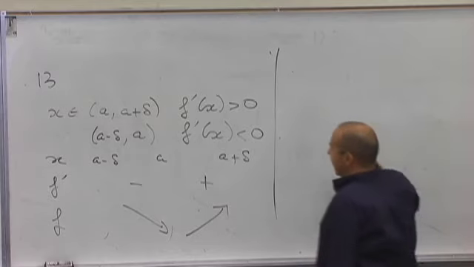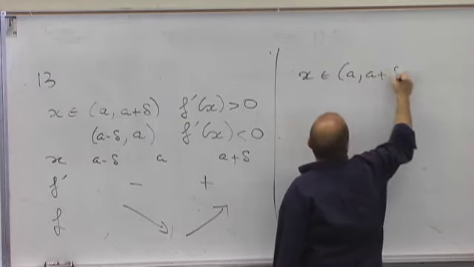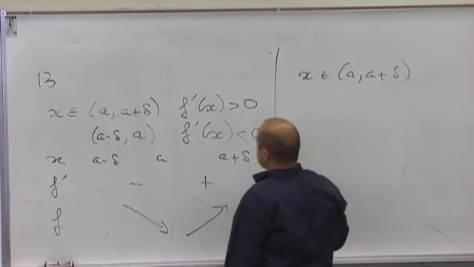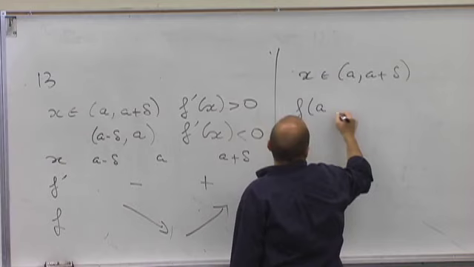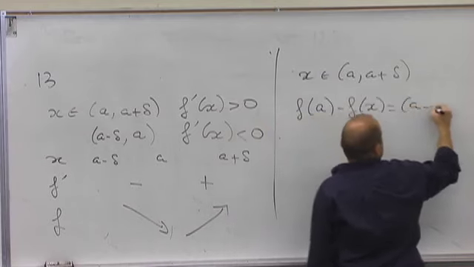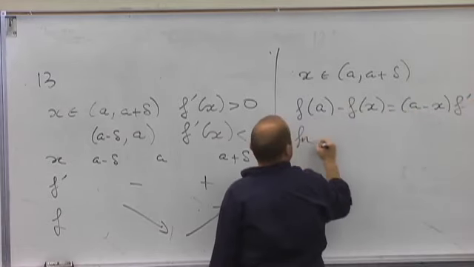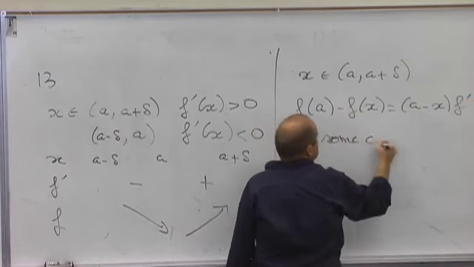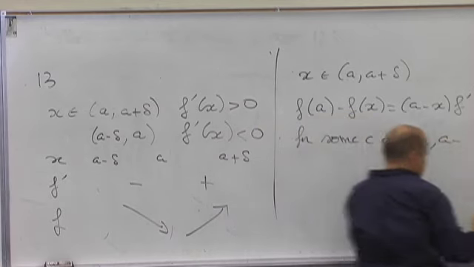Let's first take x in a plus delta. Because it's differentiable, we can write that f of a minus f of x is a minus x times f prime of c for some c in a plus delta, ax.